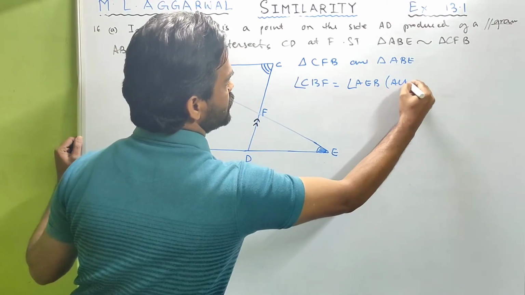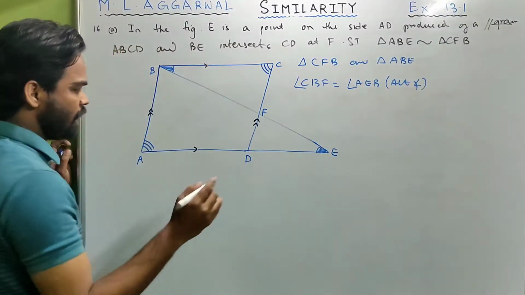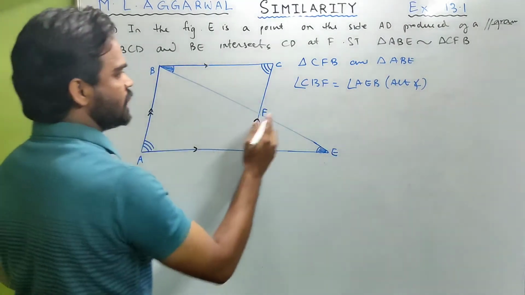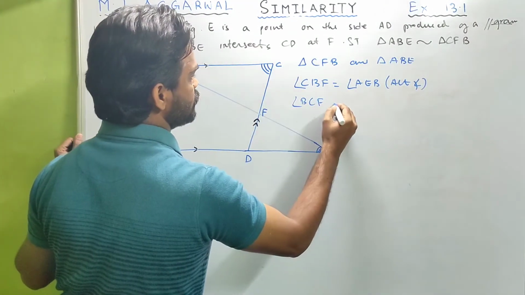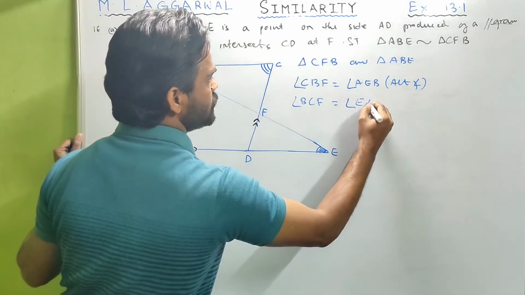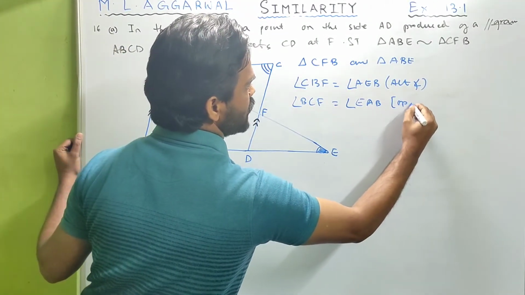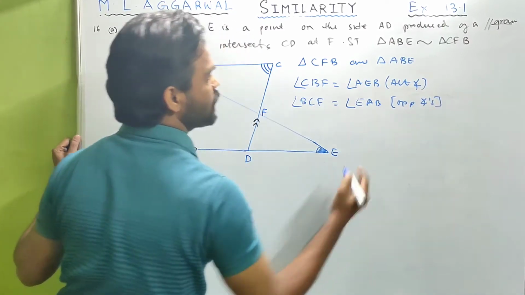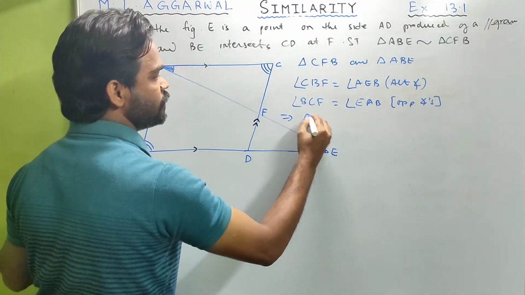That's an alternate angle if you look carefully. And angle BCF is equal to EAB. Opposite angles of a parallelogram are equal, which means two angles are equal.